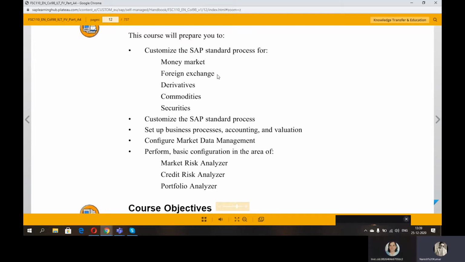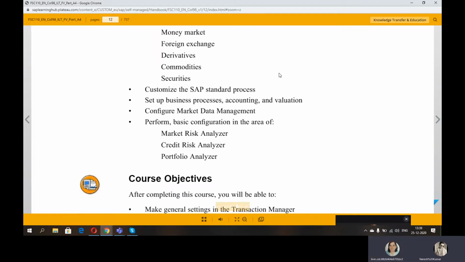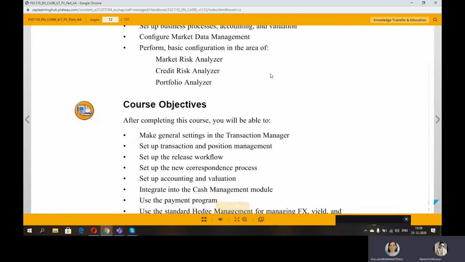Then the customization standard process for accounting and valuation, configuration of market data management, and basic performance configuration areas like market risk analyzer, credit risk analyzer, portfolio analyzer. These are the key things.